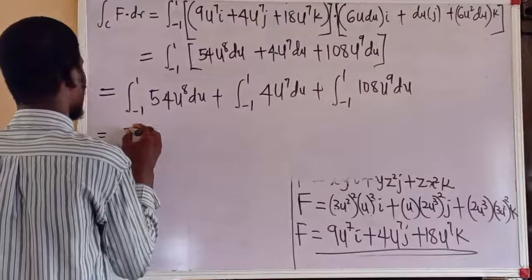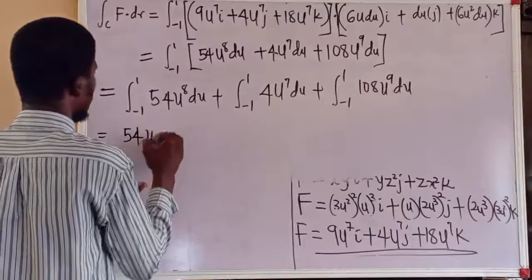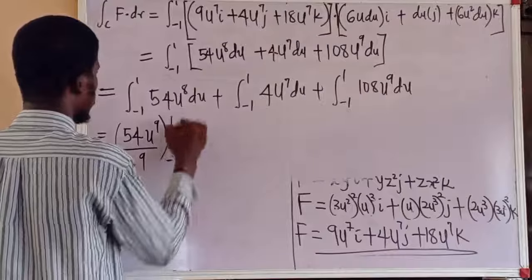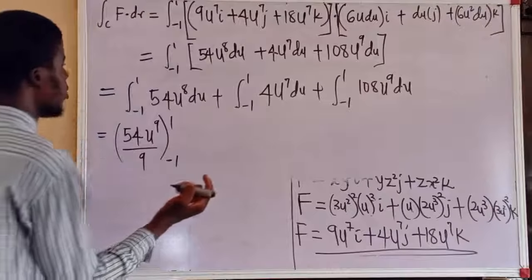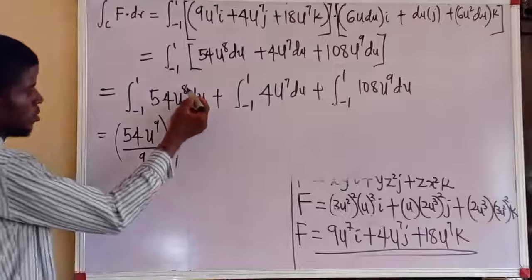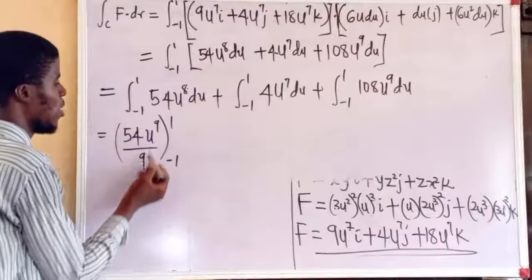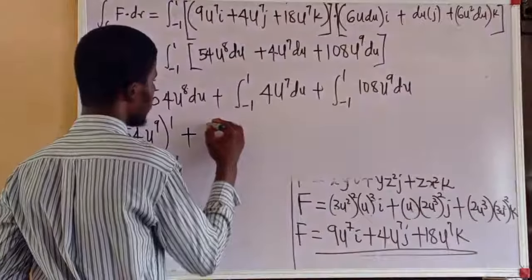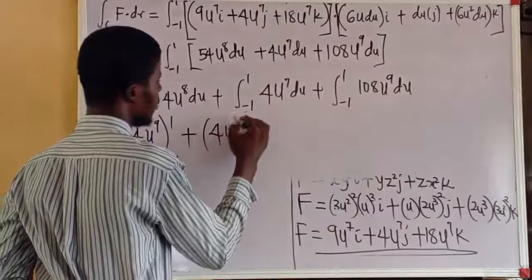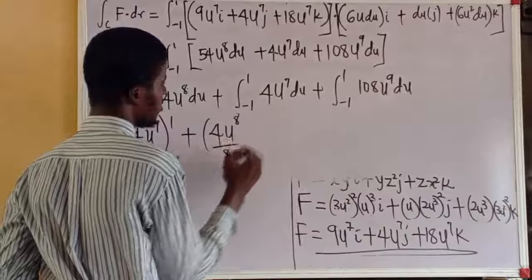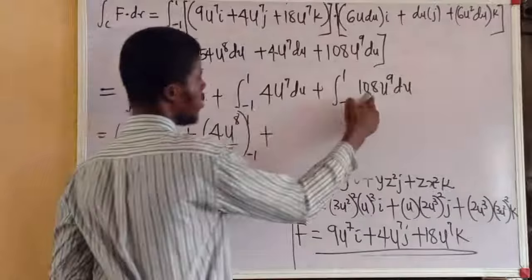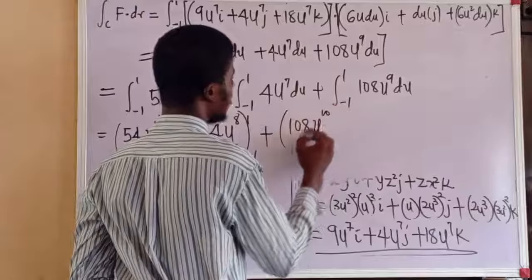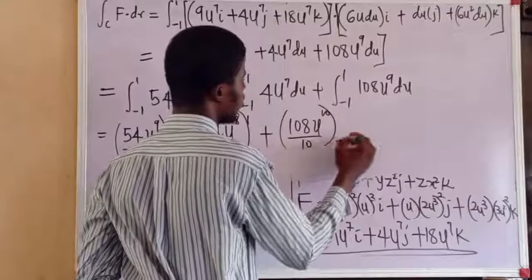That will be 54 u to the power of 9 over 9 from minus 1 to 1. By the rule of integration, you add 1 to the power and divide by that new power. Plus, integrate this, we have 4u to the power of 8 all over 8 from minus 1 to 1. And this we have 108 u to the power of 10 all over 10 from minus 1 to 1.